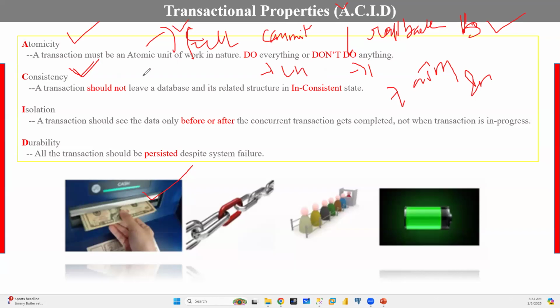So consistency means a transaction should not leave the database and its related structure in an inconsistent state. It should always do the right thing, and that is taken care of by the background processes.